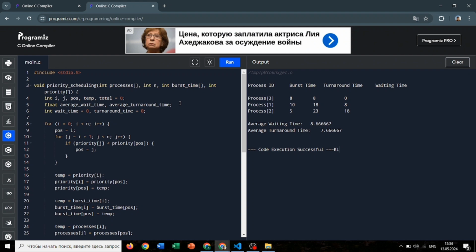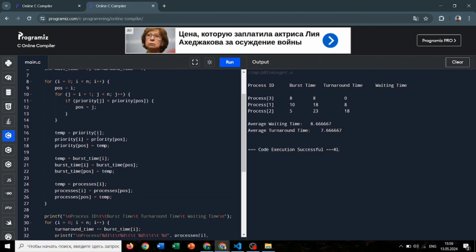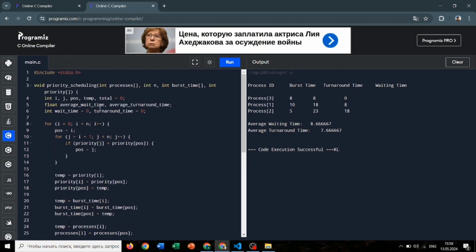Lower priority values represent higher importance in this context. And now we're going to explain how it works in the program, how it looks in the code.